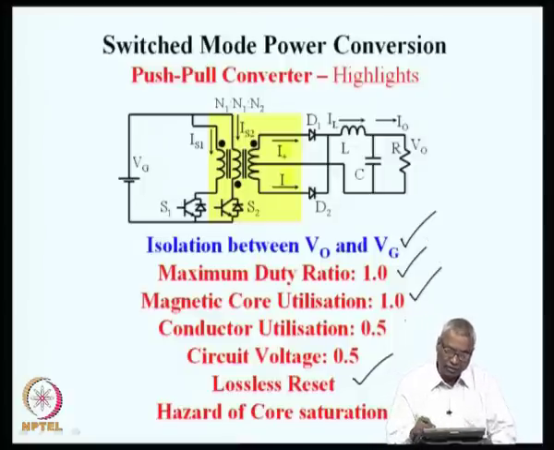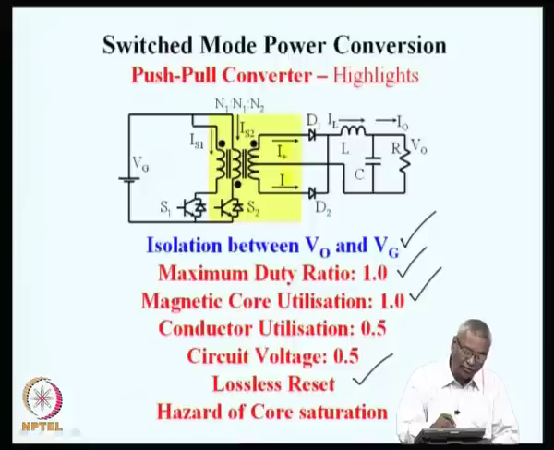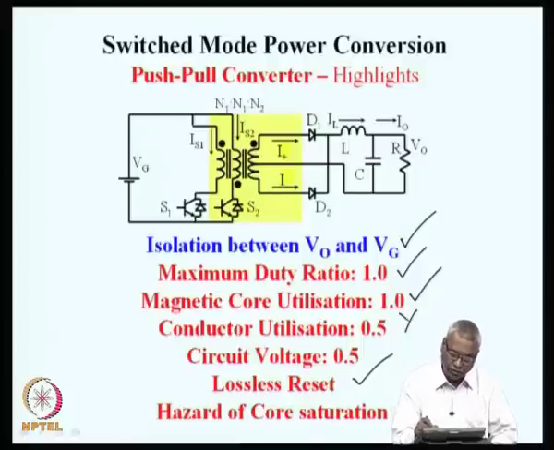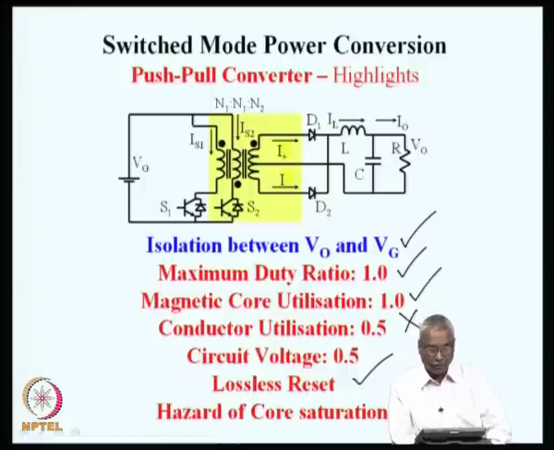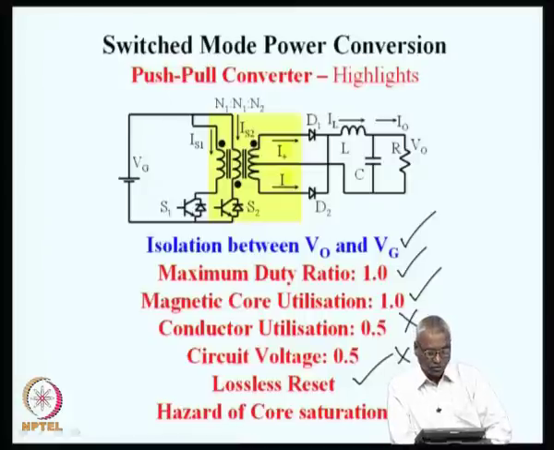The conductor utilization is only half, because each winding carries current only for half the time. Either primary 1 and this winding, or primary 2 and the second half of the center tap secondary winding. So, this continues to be a negative point, and then the circuit voltage is still 0.5, because whenever one switch is on, the other switch is subjected to double the source voltage.